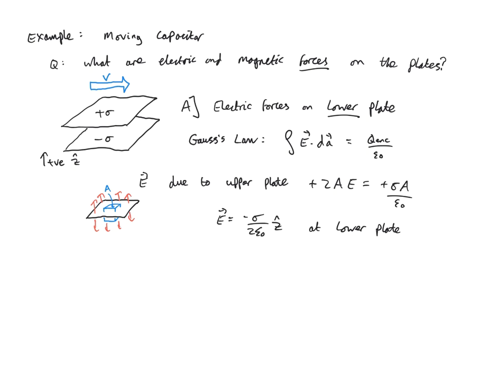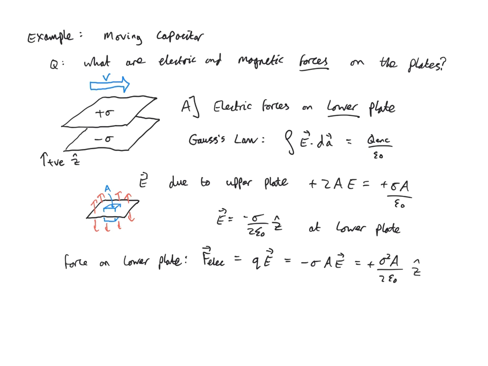Okay, so if we want to know what the electric force is on the lower plate, this is F elec, I'll call it. This is the charge times the electric field. What is the charge? Well, this time it's minus sigma times A times the electric field, which is plus overall sigma squared A over 2 epsilon naught z hat.